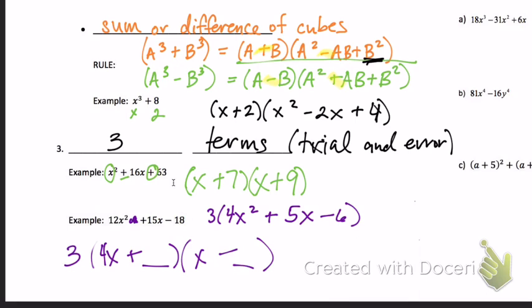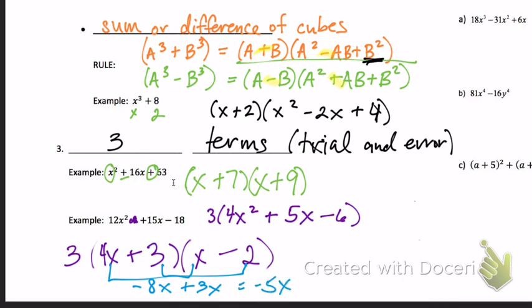Then we go back to the factors of 6. So what can we try? 3 and 2, but where would the 2 have to go? With the x. So let's put 2 here, and let's put 3 here. And then to check it, I do the outer and the inner. So I have negative 8x plus 3x, and that becomes negative 5x.